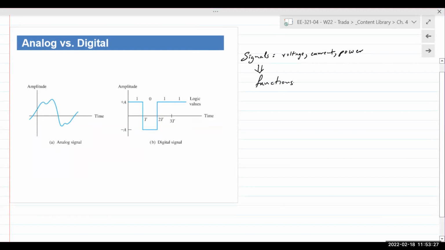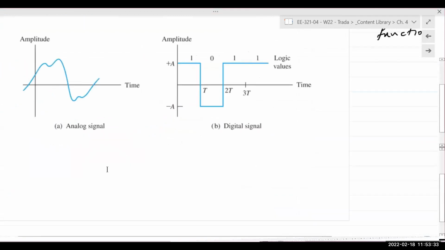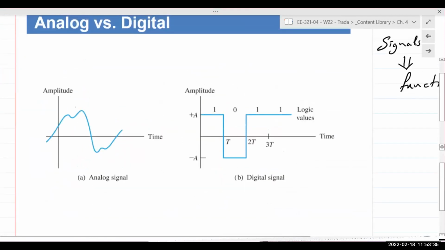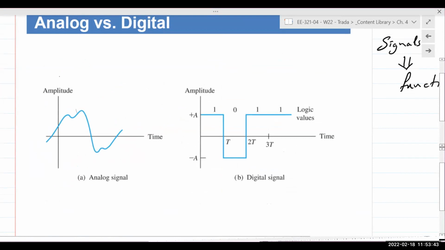If you look at this image right here, this is an arbitrary analog signal. It does not have any specific form. It's not a sinusoidal waveform, not a square, not rectangular, triangular, or sawtooth. It's simply arbitrary, and it could represent a voice recording, a noise signal, or a radio or wireless signal.